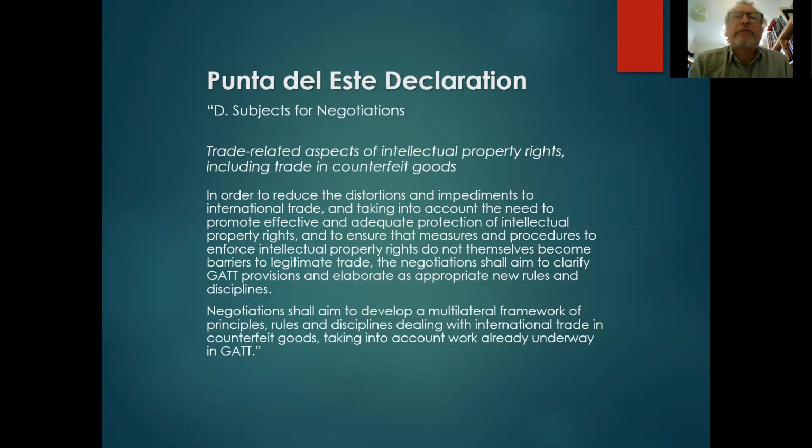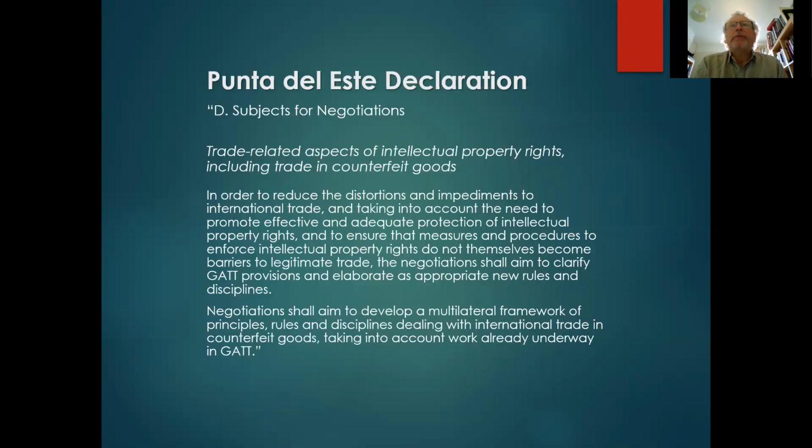Now, the United States was perhaps in the forefront of countries in the developed world that wanted to see other countries raise their standards of legal protection and actual enforcement to the same level as in the United States or in Europe or in Japan.